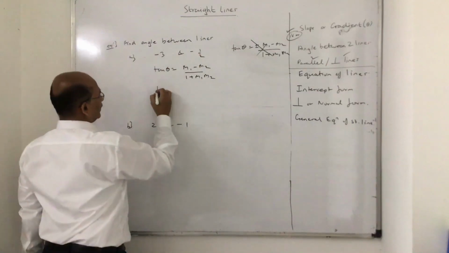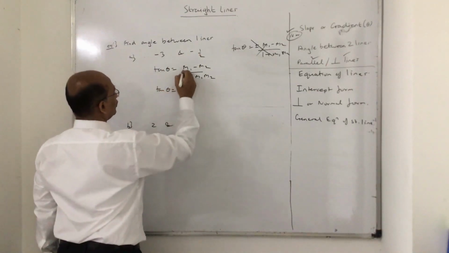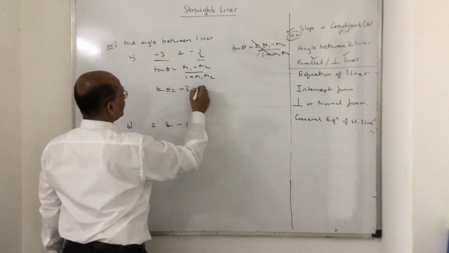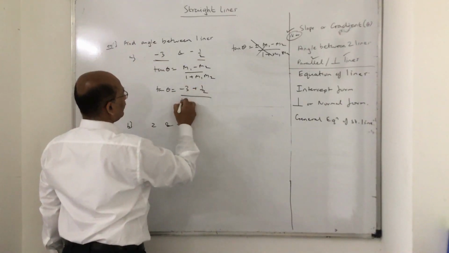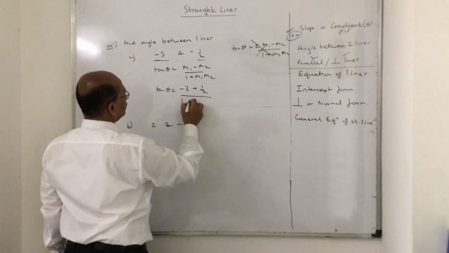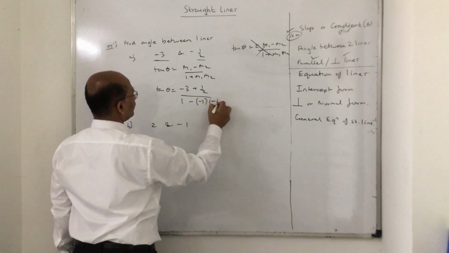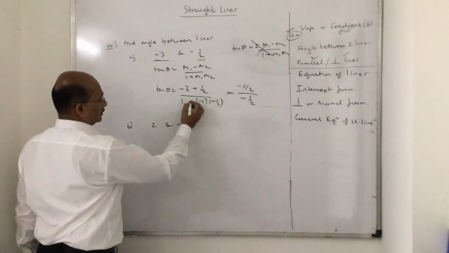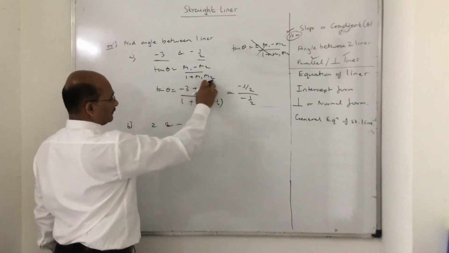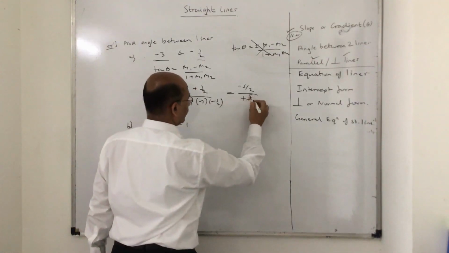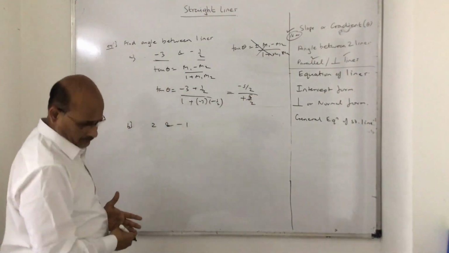So, what happened now? Tan theta is equal to m1 minus m2, the slopes given to you. So minus 3 plus 1 by 2, divided by 1 plus m1 m2, which is 1 plus minus 3 into minus 1 by 2. Here it is plus. So it is again 5 upon 2, 5 upon 2.